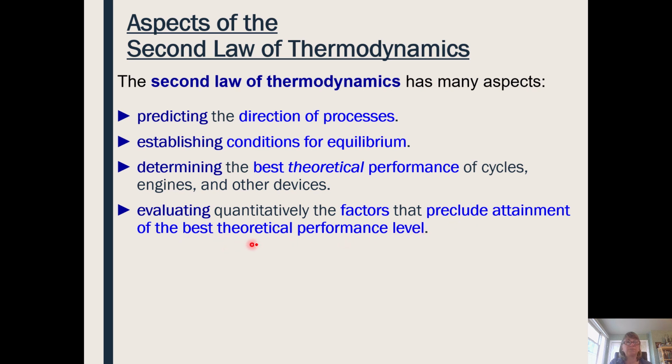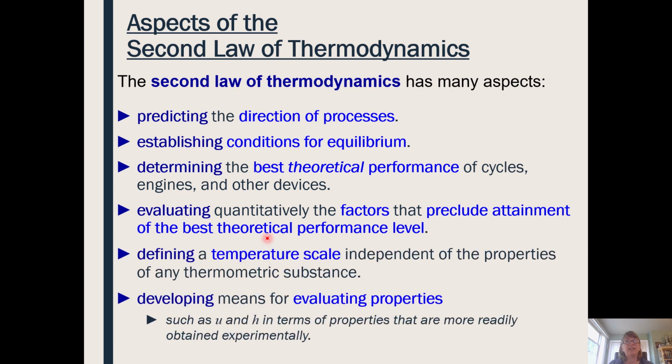In our evaluation, we're always going to predict the best, then look at the actual and look at the difference. The other thing from the second law of thermodynamics is that we can define our temperature scales like Kelvin and Rankine, and we're going to evaluate some various properties like internal energy and enthalpy.